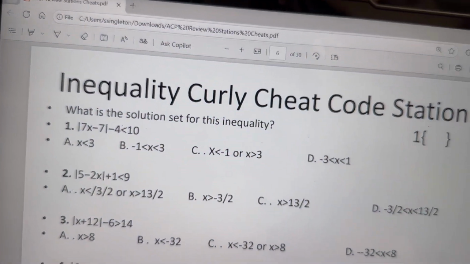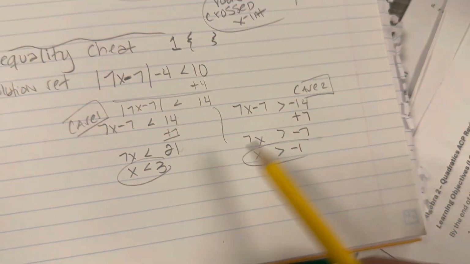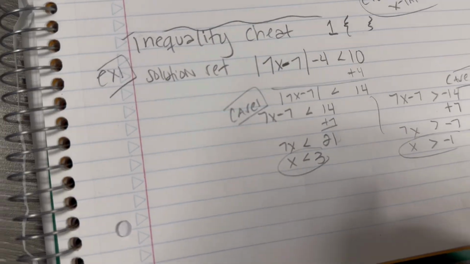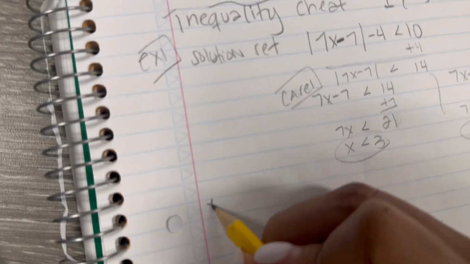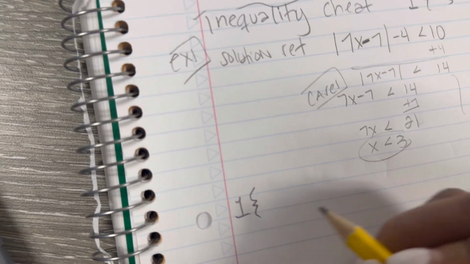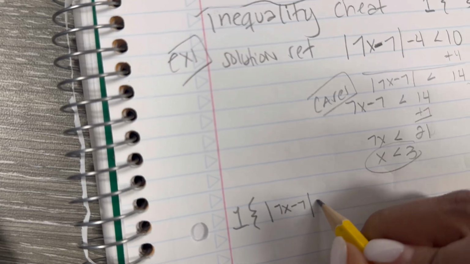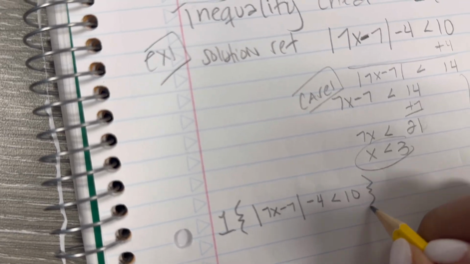Also, if you don't remember the cheat code, you always have your backup, your original plan, which is by hand. But here's the cheat code. So you're going to put a 1, curly bracket, and then your problem, the whole thing, and then curly bracket.